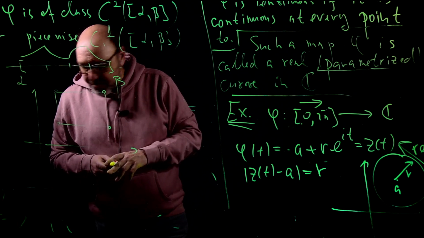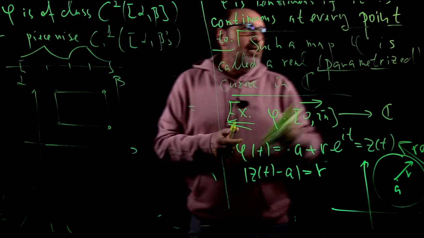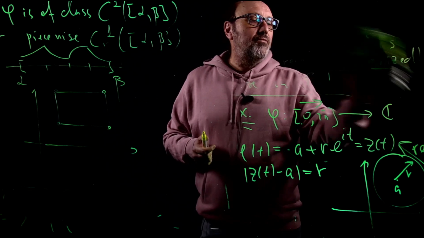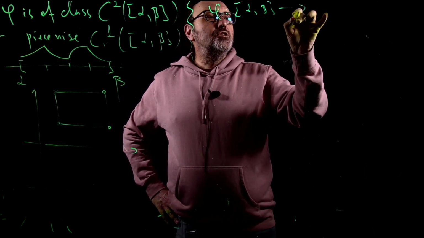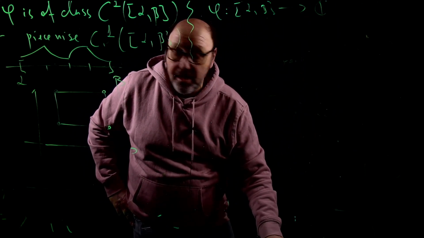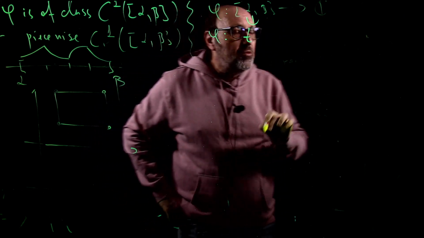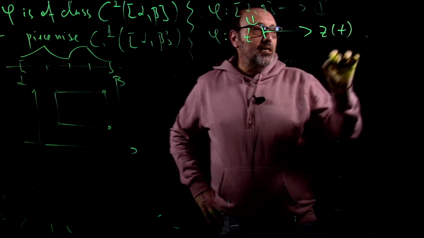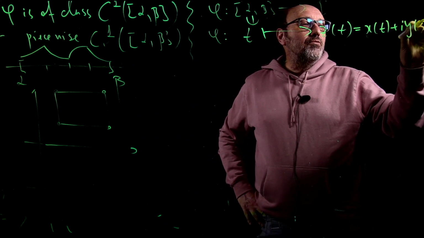So if you have a curve of this class, you can take an integral over this curve. Phi from alpha beta to C, a curve which is piecewise C1, associates to every point t of your interval z of t, which is x of t plus i y of t.